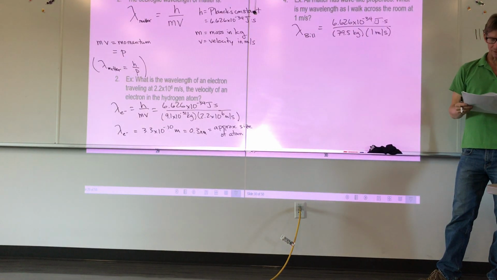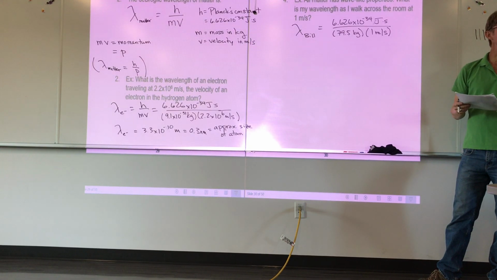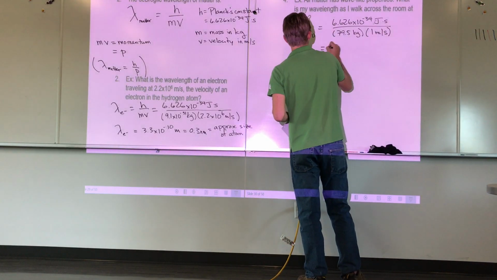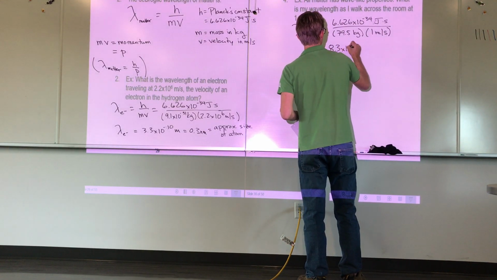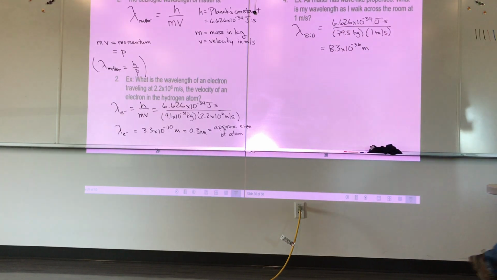And when you solve for my wavelength, I get 8.3 times 10 to the minus 36 meters. It assumes that I'm one piece of matter, not made up of other pieces of matter, which is not a good assumption, but that's what we get.